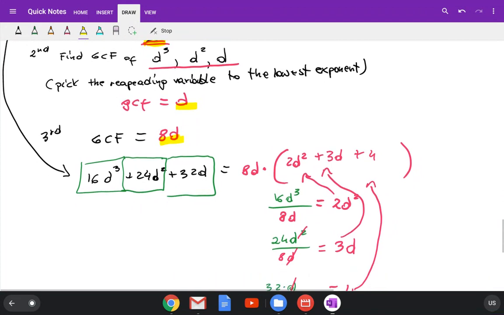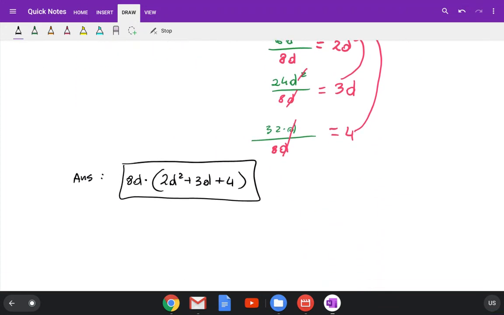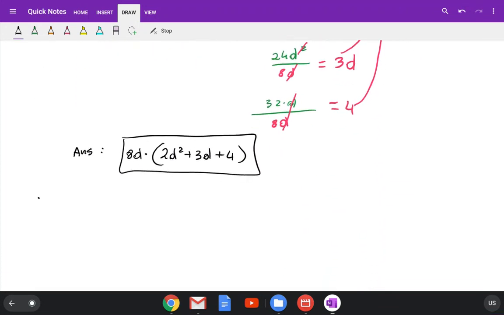Next one, page 879, number 28. So here we have the problem with a rocket.